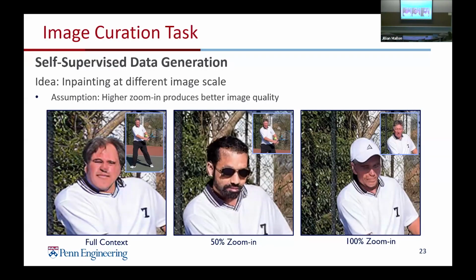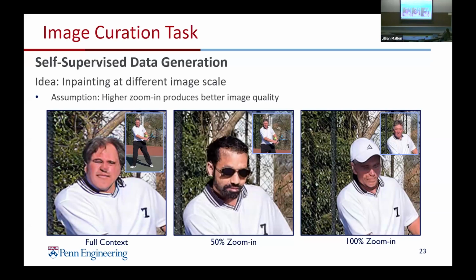In the second method, we also utilize the idea of inpainting, but instead of using the mask, we decide to inpaint based on different image scales. To do that, I have three examples shown below. Initially we have the full context, which means we just perform the inpainting directly from the original image.